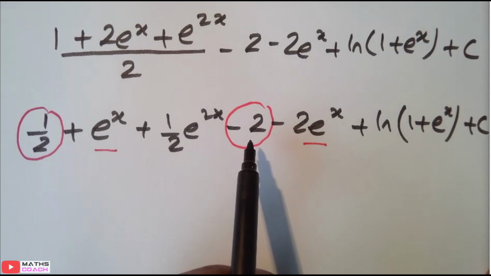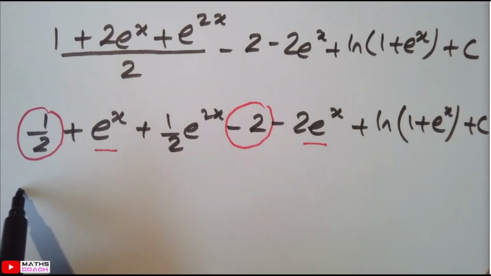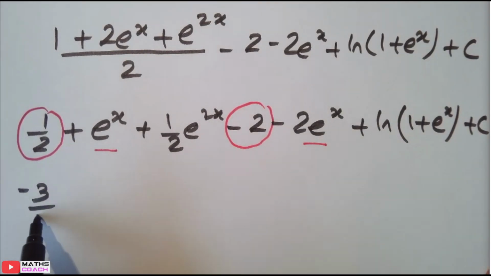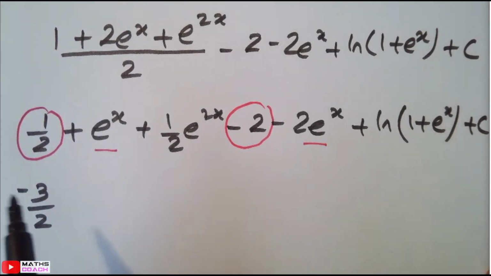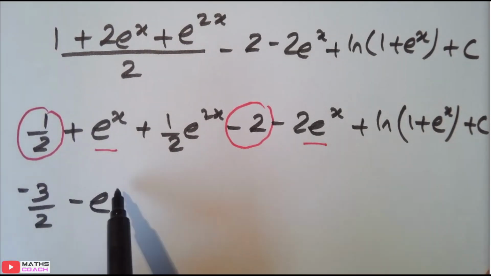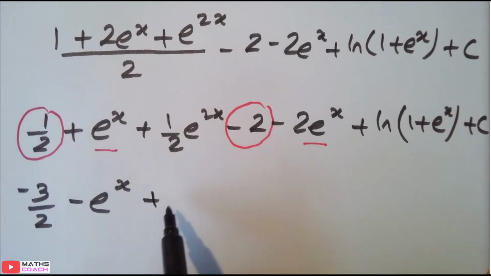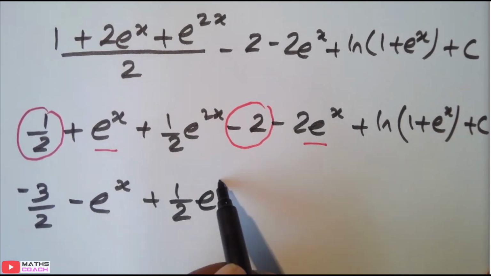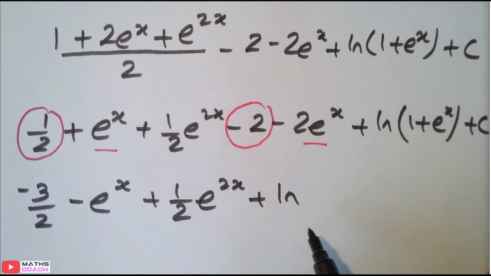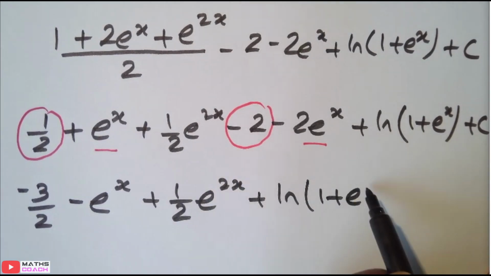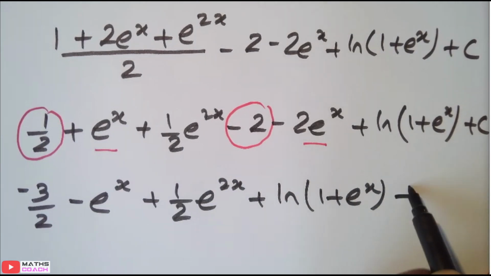Half minus 2 is minus 3 over 2. We have e to the x minus 2e to the x, which naturally gives us minus e to the x, plus half e to the 2x, plus ln of 1 plus e to the x, plus our c.